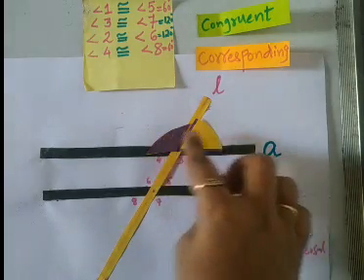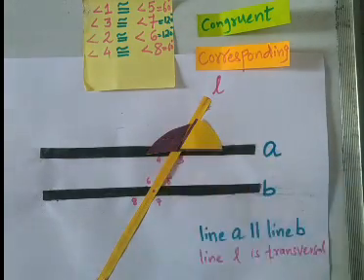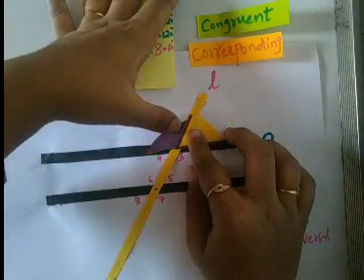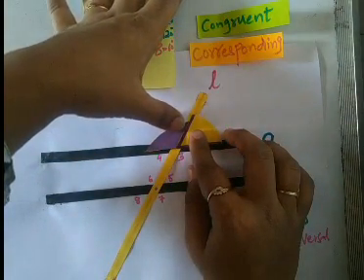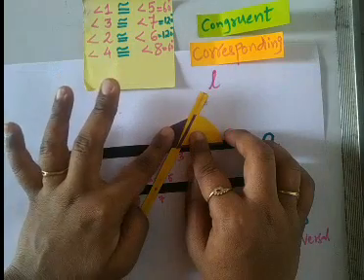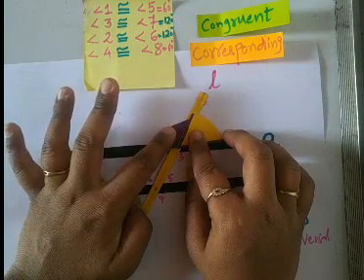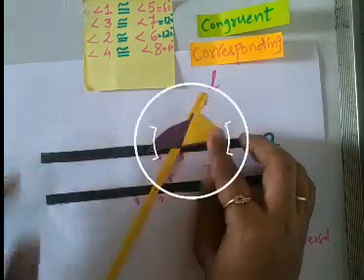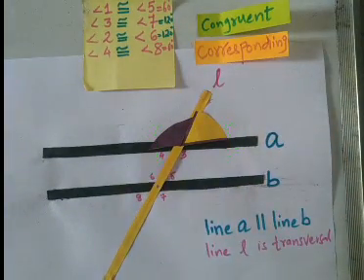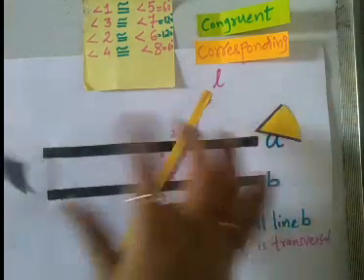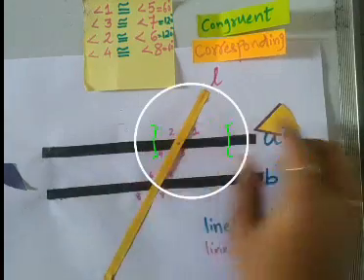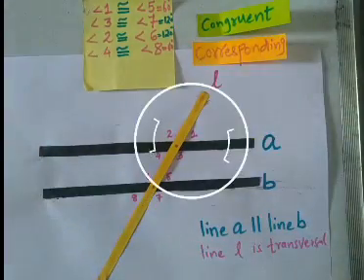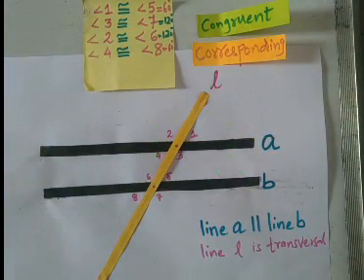It means these two angles are linear pair angles. They are forming on the same line, so they are linear pair angles. It means angle number 1 and 2 are a linear pair to each other. Linear pair we have already learned in 7th standard.